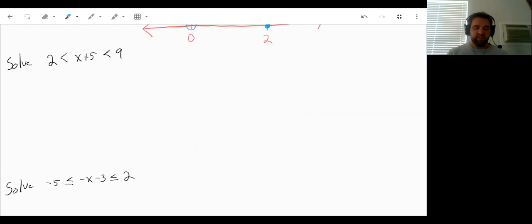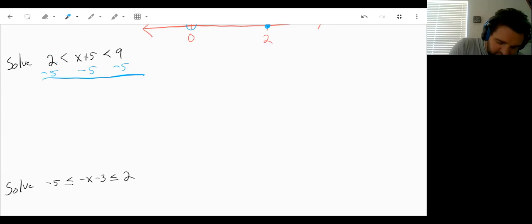So for example, this next question, 2 is less than x plus 5, which is less than 9. Well, if we're trying to solve for x, if it was just that left half, we could subtract by 5. And if it was just the right half and the 2 part was gone, we could subtract by 5. Well, when we have the expression where both are true at the same time, we can just subtract 5 from all sides.